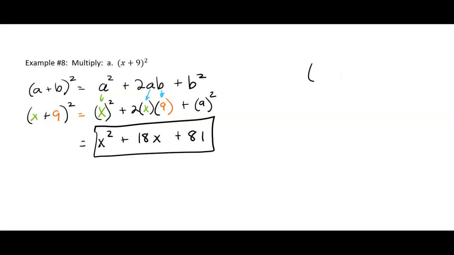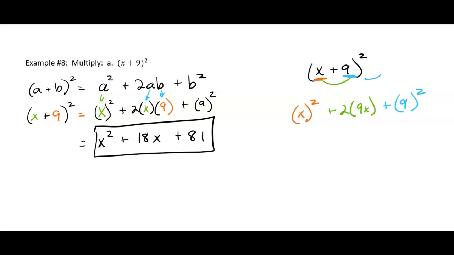But when I'm squaring a binomial, what I do is I take the first term and I square it. Then I multiply the two terms together and double it, so it's 2 times the 9x. And then I take the last term and I square it.